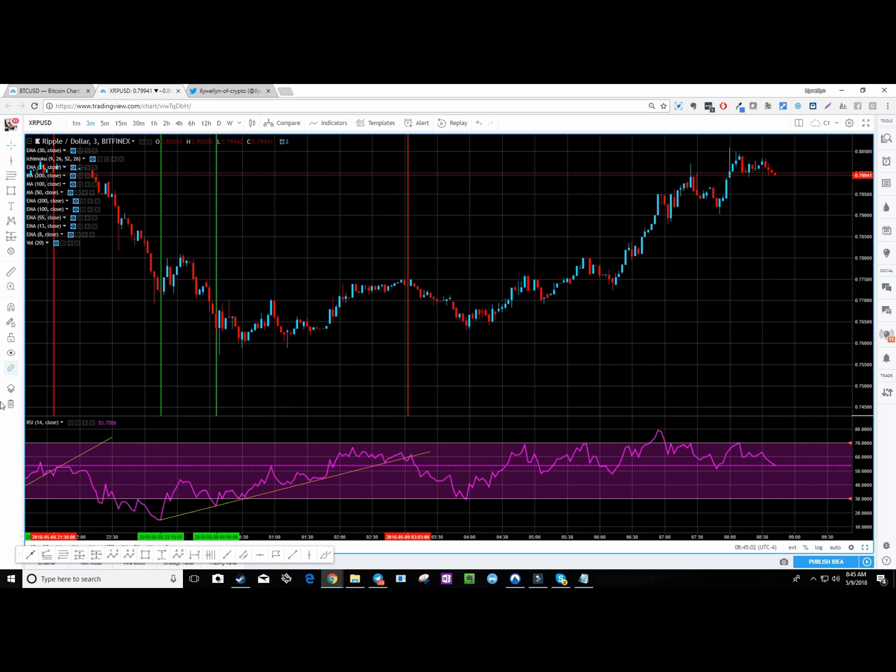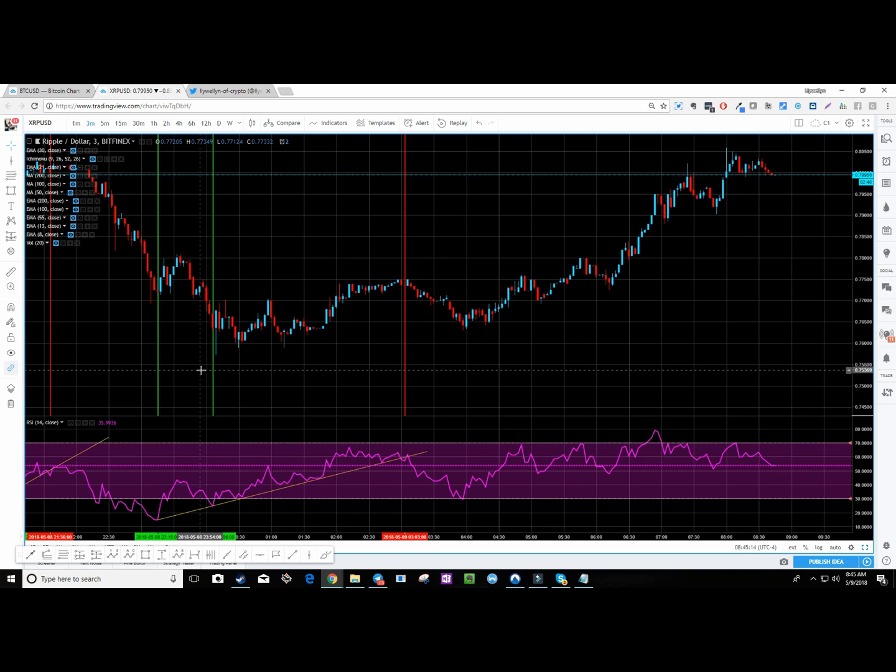I posted it in the Telegram group, the free Telegram group that I just launched yesterday, which you should join. And I may have posted it on Twitter, but let's see. Let me pull it up. Yeah, so I went back and kind of reanalyzed the pattern that was forming and came up with an alternate Elliott wave count that ended up being a lot more accurate.